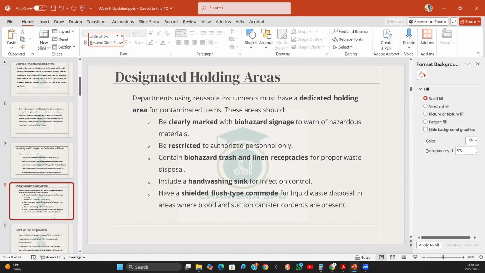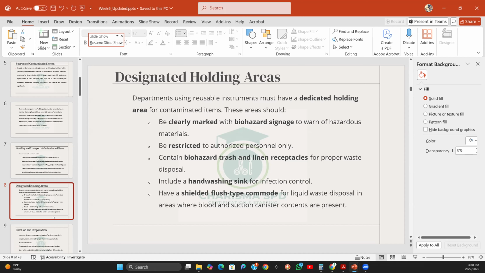And we say that it must have a biohazard signature. You will see it is written biohazard with some red and black writings in there.